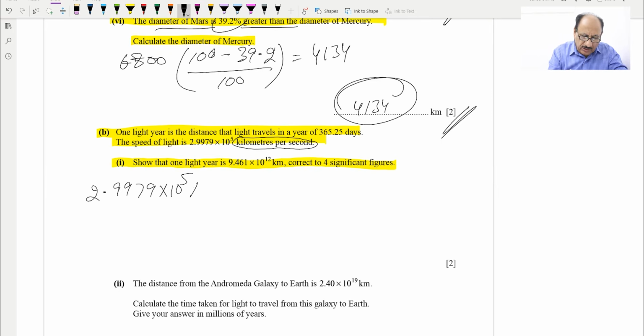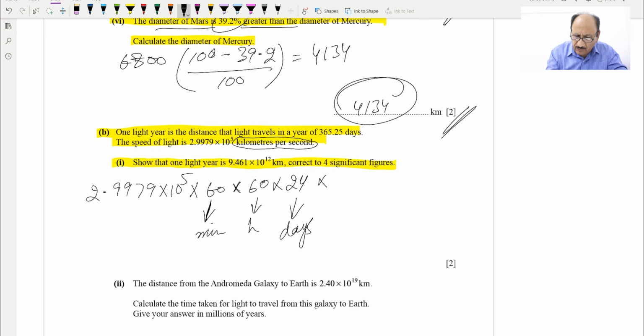So seconds we will first be converting to minutes, then multiplying by 60 to get hours, then multiply by 24 to get the days, and then we will be multiplying by 365.25 to get in years.